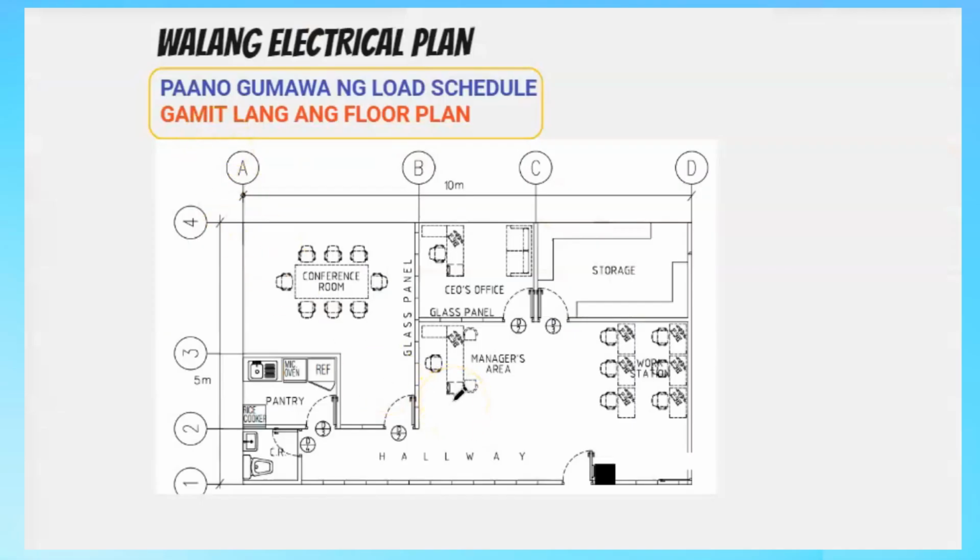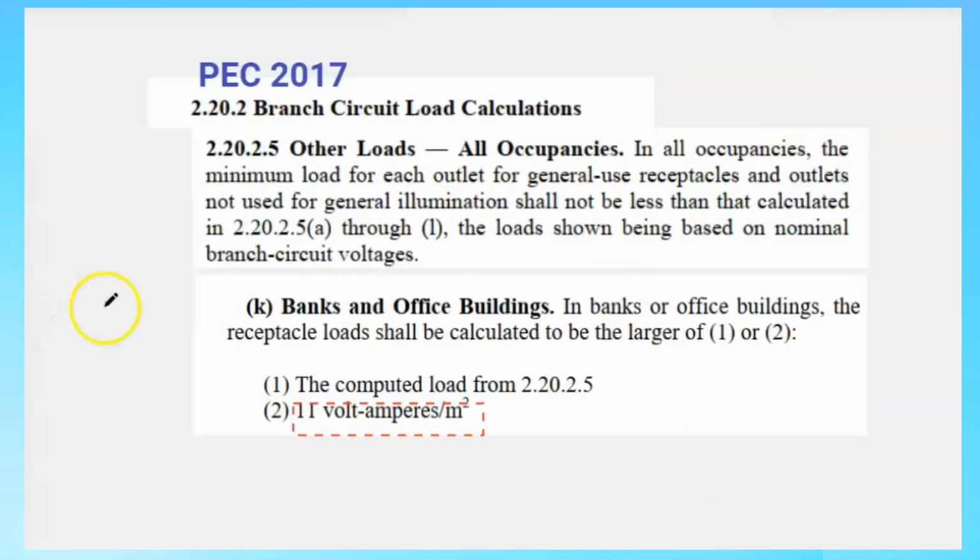Okay, so from this floor plan, actually, there is no electrical plan. So, how do you count outlets? You have no electrical plan. So, let's look again at the PEC reference. From the PEC 2017, that is 2.20.2 for branch circuit load calculations.